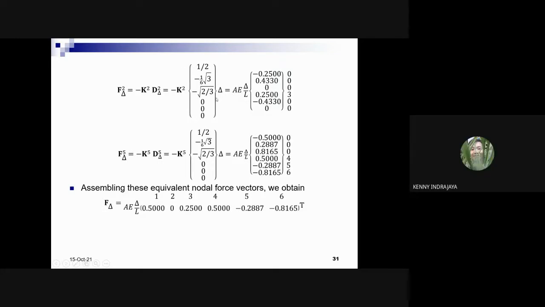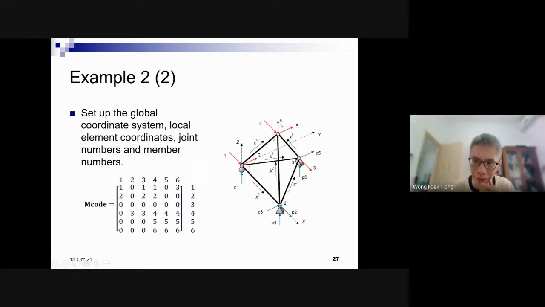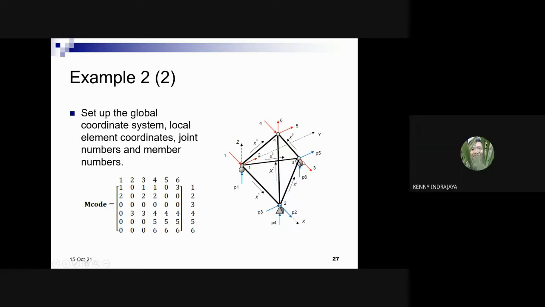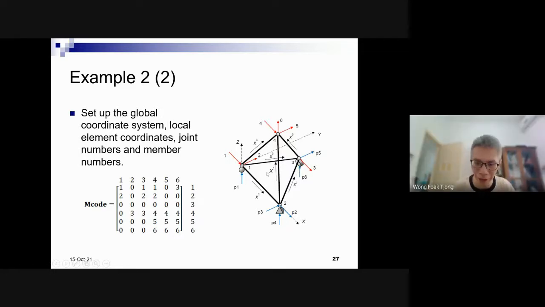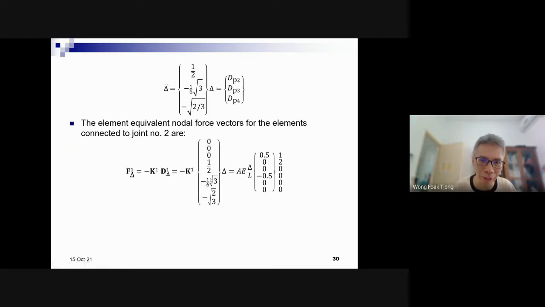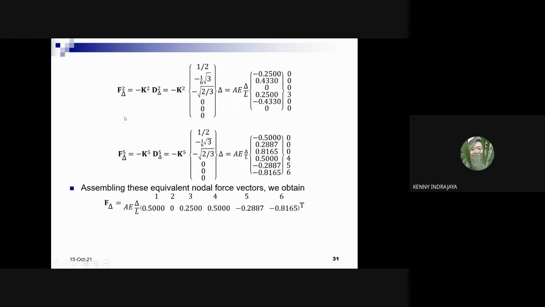Okay, and then the 0, 0, 0 represents node 3, I think. Yes, there is no deflection, no prescribed displacement here. This we also put as 0 for temporary. Because it's not known yet, we plug in 0, because this is just for computation of the F delta.